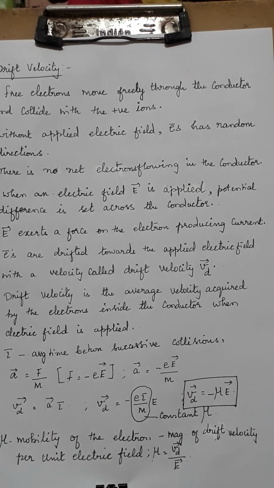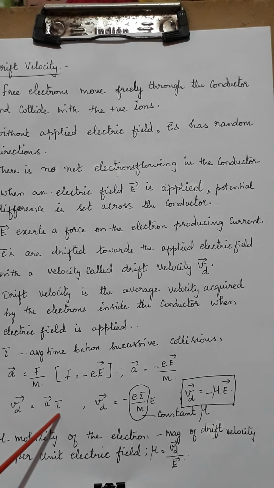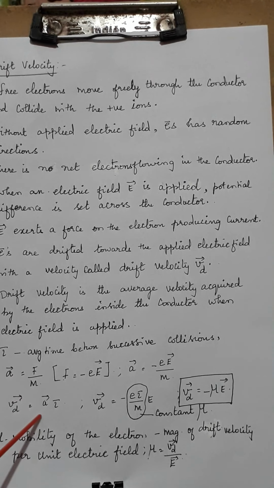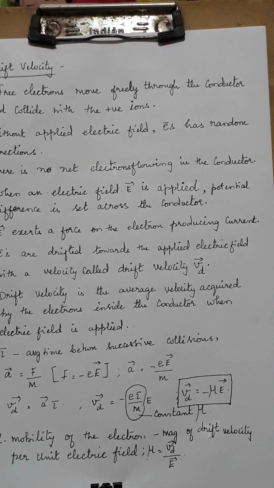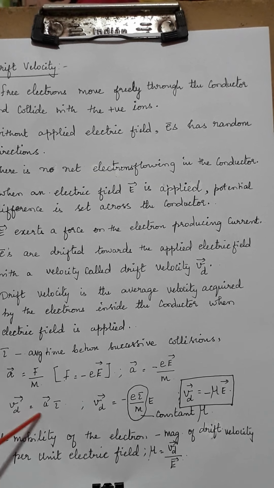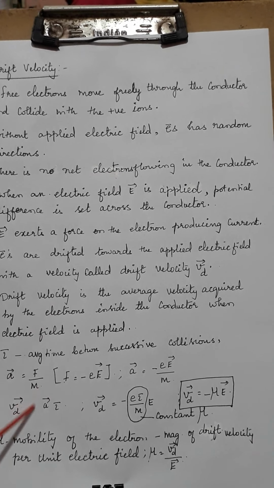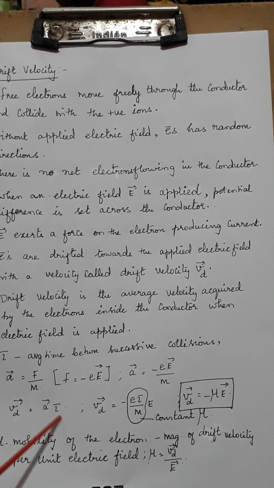And we know that acceleration is equal to velocity by time taken, so velocity will be equal to acceleration into time taken. How can I now rewrite this? The value of a I have found here, and t is nothing but tau.